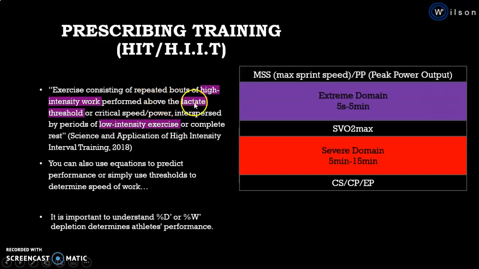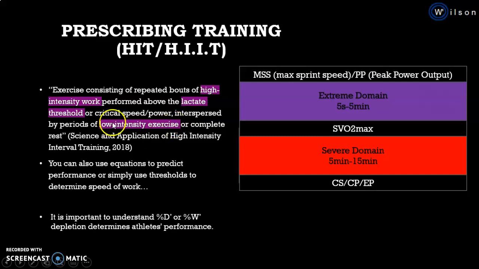And as far as the lactate threshold or critical speed, in this case, I think what they're actually hinting at is the maximal lactate steady state, which has been thought to occur at the same work rate as critical speed or critical power. That's a debate for another day.